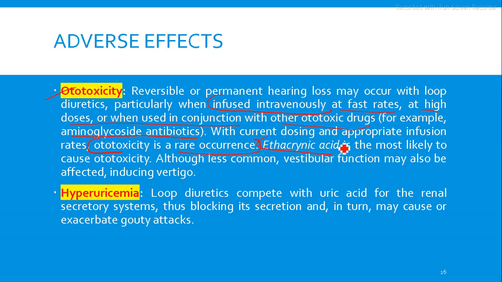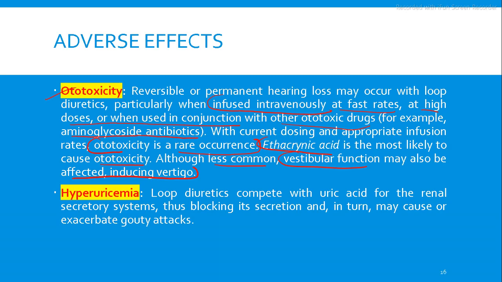Ethacrynic acid is most likely to cause ototoxicity. That's why it is rarely used. Although less common, vestibular function may also be affected, inducing vertigo. What is the relation between ototoxicity and the diuretics? If you remember the anatomy and physiology of the ear, inside the vestibular apparatus and cochlea there is a type of fluid present, the endolymph and the perilymph.